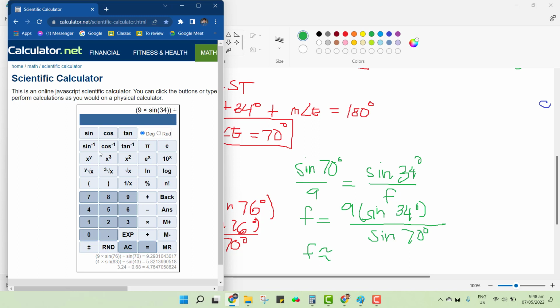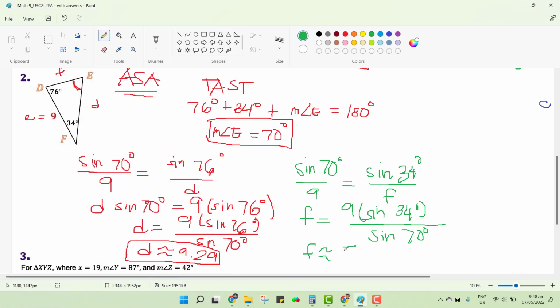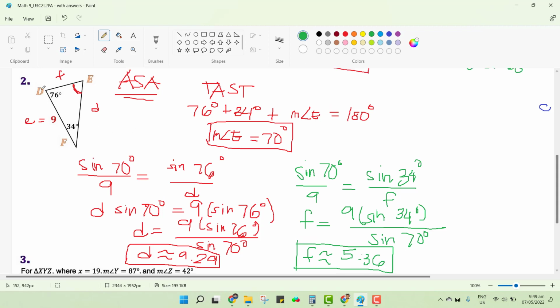Divide by sine 70 degrees. So you have 5.36. Again, rounding off. This is the value for your F. So we have solved the remaining measurements of this triangle here, DEF.